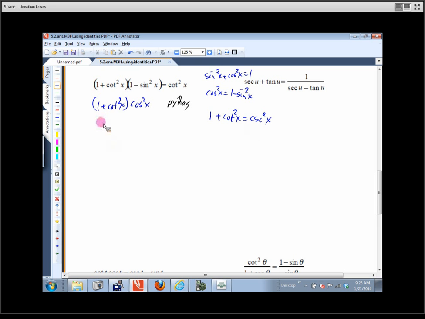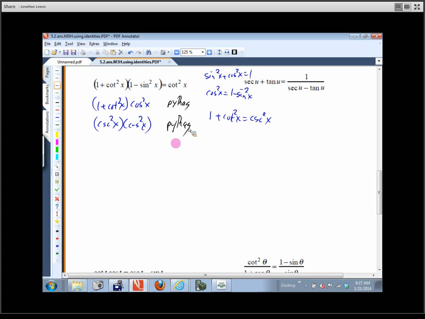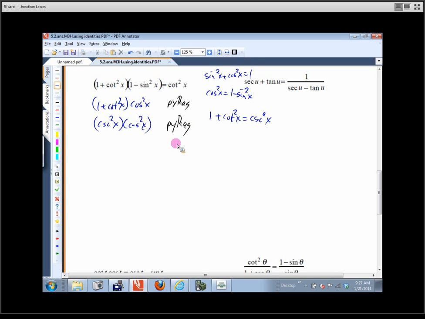So this is cosecant squared x times cosine squared x. And again, the rationale for that is Pythagorean.